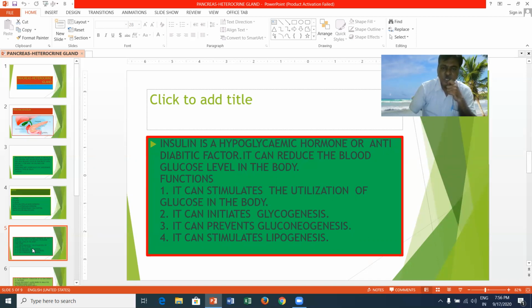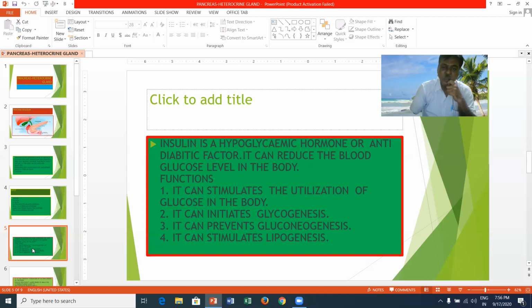gluconeogenesis. Here, gluconeogenesis means the synthesis of glucose from non-carbohydrate sources like lipids and proteins. That means new synthesis of glucose. That's why insulin is a hypoglycemic hormone.